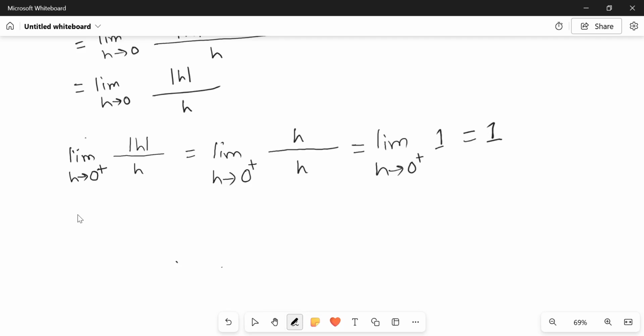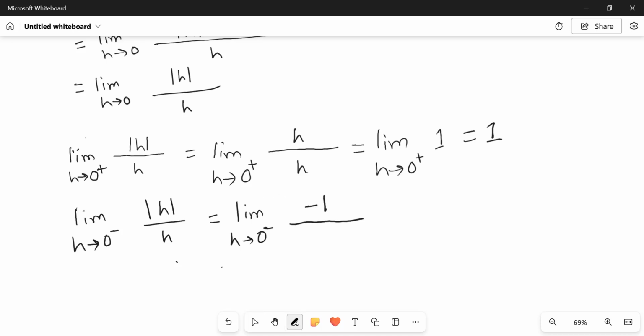That means we get 1. Similarly, if we calculate the left derivative, this limit h tends to 0 minus of absolute value of h divided by h, we get limit h tends to 0 minus, and this will be equal to minus h because we are coming from the negative direction to the point x equal to 0, and this is limit h tends to 0 minus of minus 1, which gives us the value minus 1.